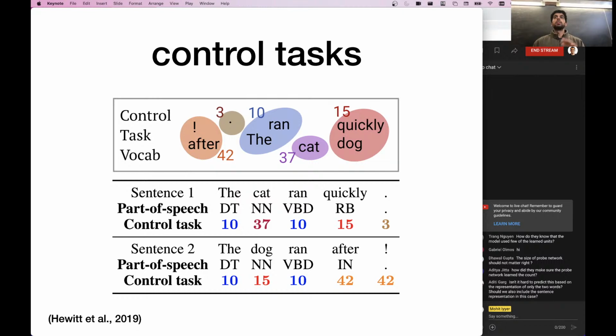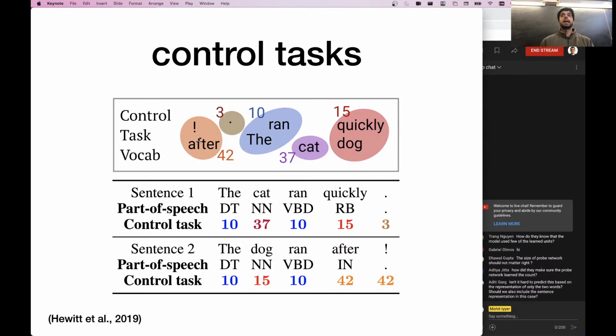So one proposal is to create a synthetic task called a control task. In part of speech, every word in the input sentence is associated with a particular part of speech, right? So the is a determiner, cat is a noun, and quickly is an adverb.